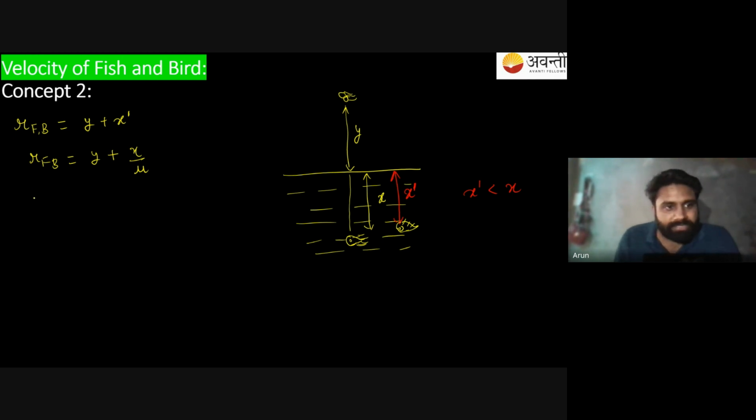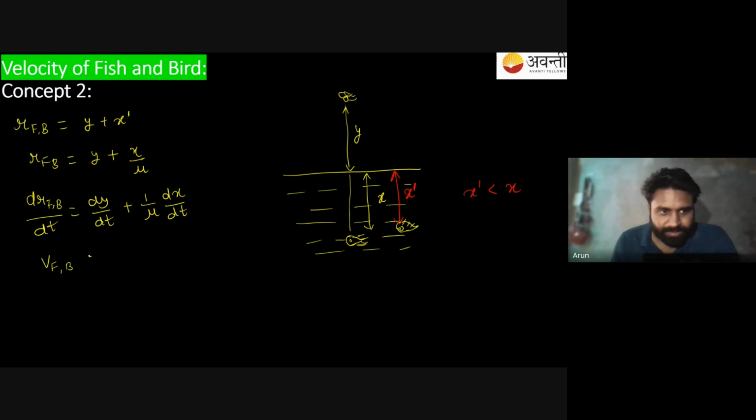So if I differentiate this term, we get dy by dt plus 1 upon mu times dx by dt. This is the velocity of fish with respect to bird.